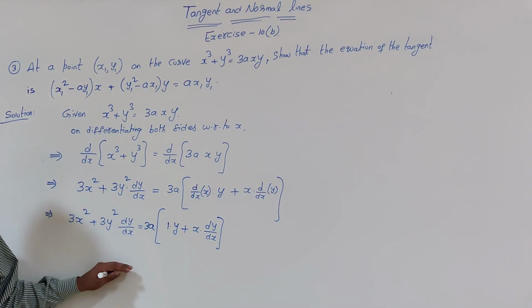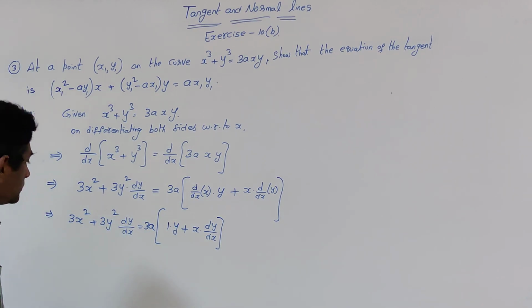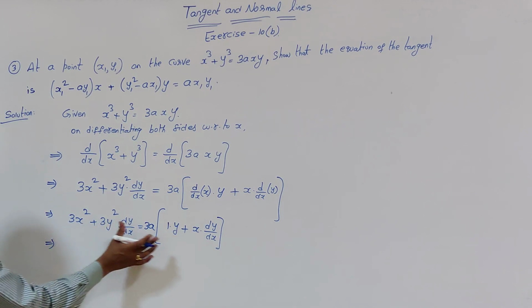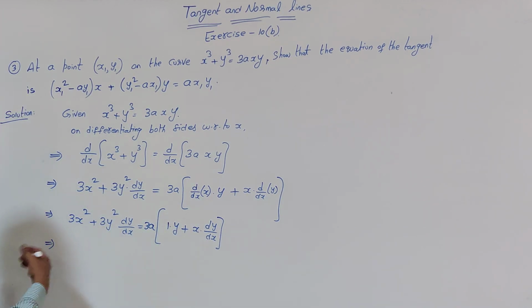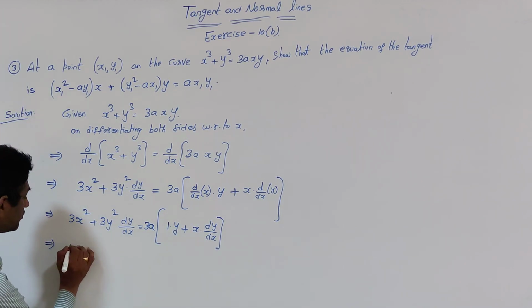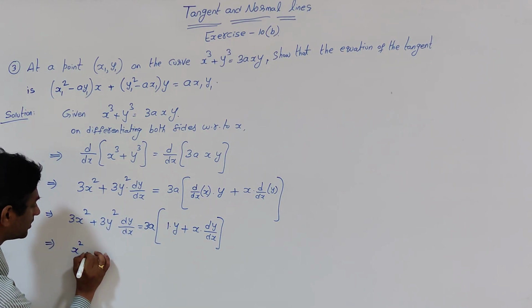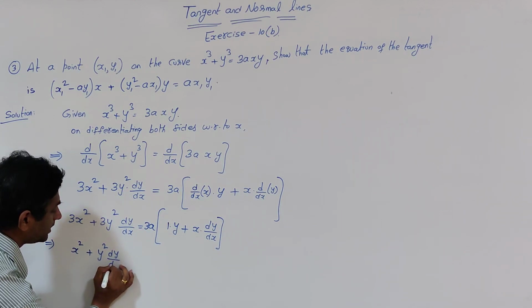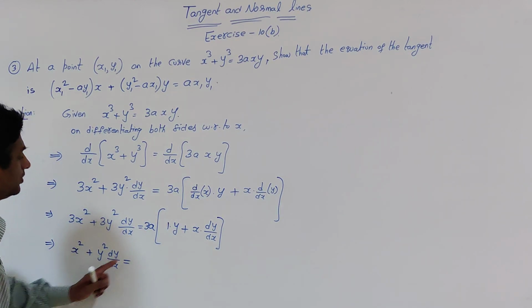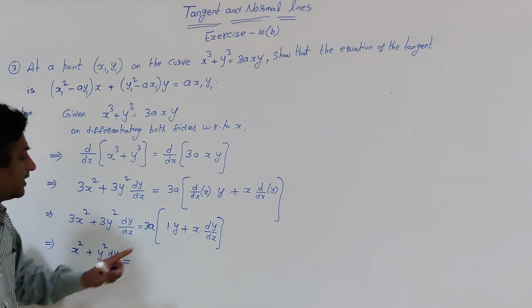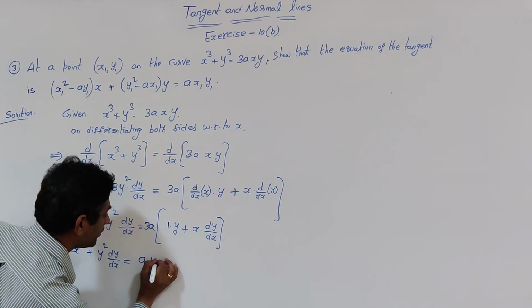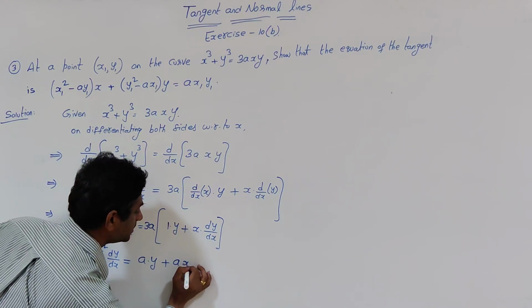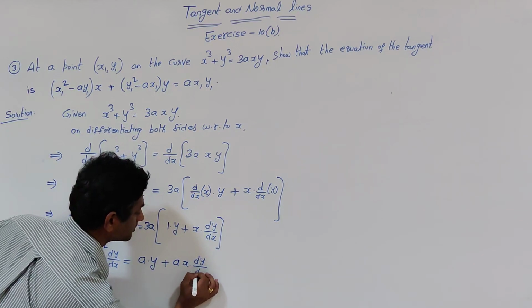Now from this we have to find dy by dx. Here 3 is common on both sides, so we can cancel it. It will be x square plus y square into dy by dx is equal to a into y plus a into x into dy by dx.